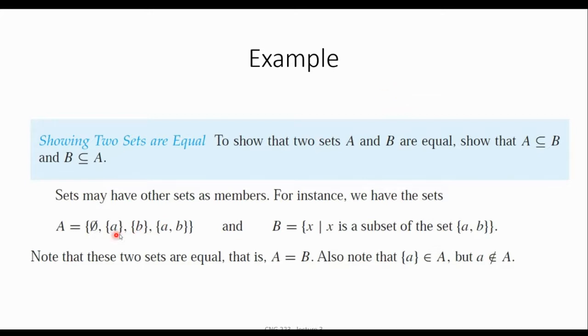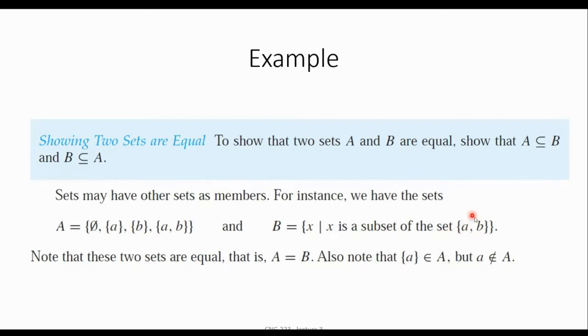Assume that I want to show that these two sets are equal. You know the elements of this set easily. This one we should transform into the same format: X such that X is a subset of the set. So I should write all the subsets of this set, and all the subsets are sets themselves anyway.